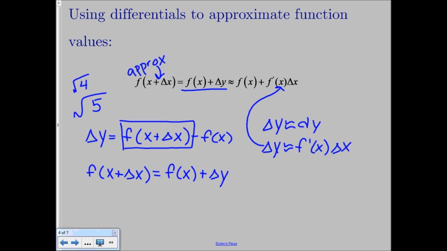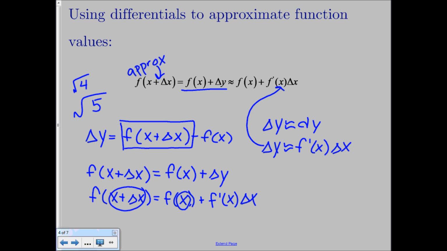So this is another important formula to know: when we try to find the function value at some x plus delta x, we're really just going to take the function value at x, not equals, whoops, approximately, and add the derivative of that value multiplied by your delta x. And your delta x is always just going to be the distance between this x value and this x value.